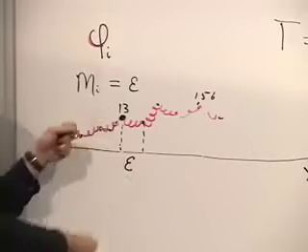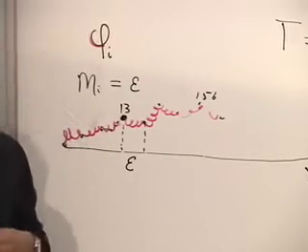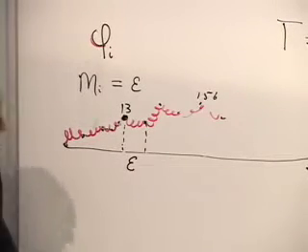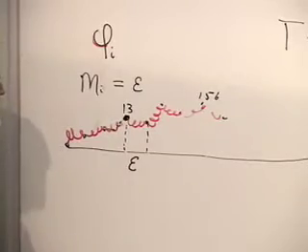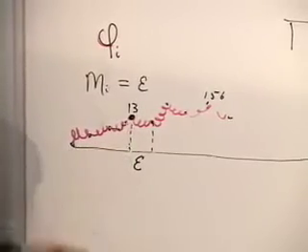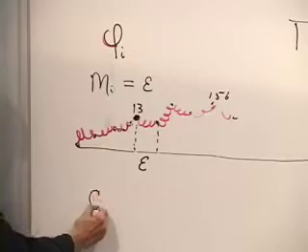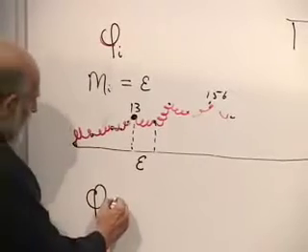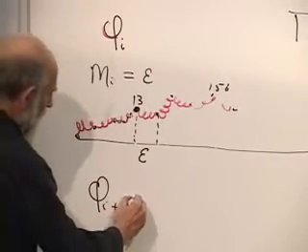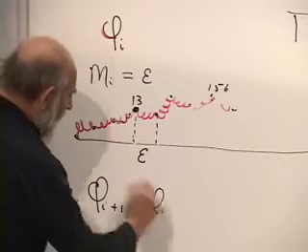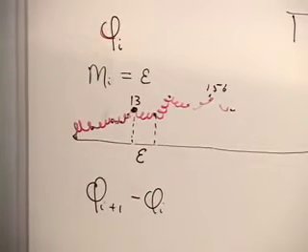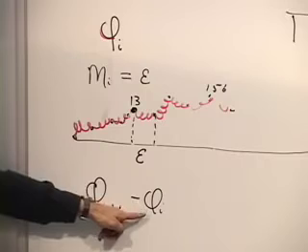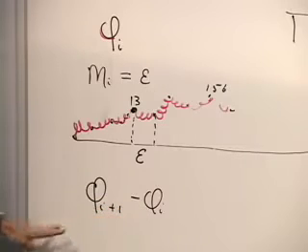When you separate the neighboring particles vertically, the spring gets stretched. The stretching of the spring is proportional to the difference phi I plus 1 minus phi I. That's how much the spring between I and I plus 1 is stretched.